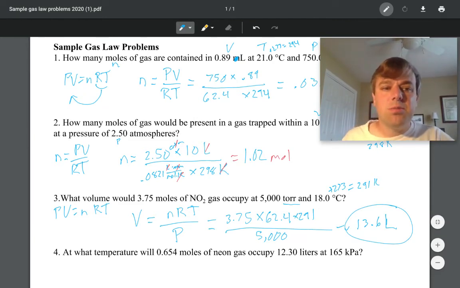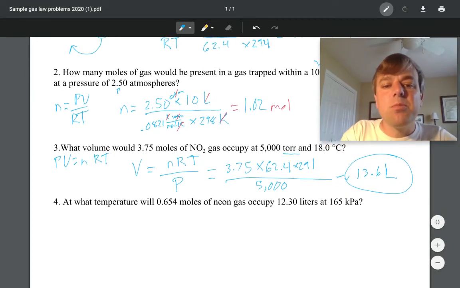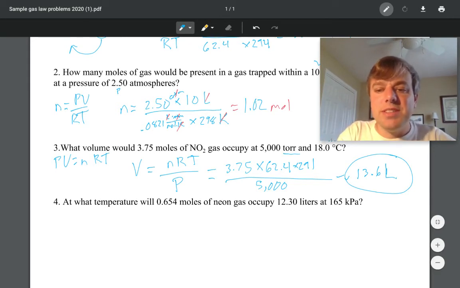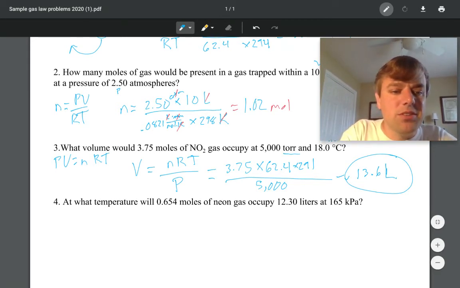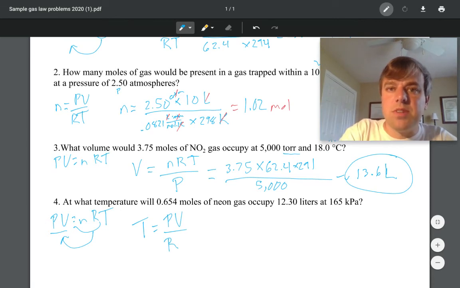Then our last problem is asking us at what temperature will 0.654 moles of neon gas occupy 12.3 liters at 165 kilopascals. So if PV equals nRT, then T equals PV over nR.